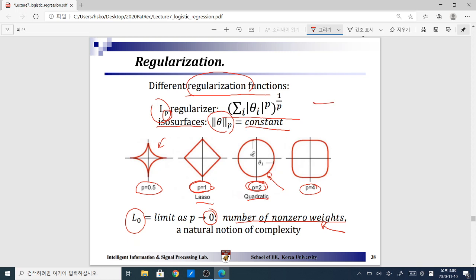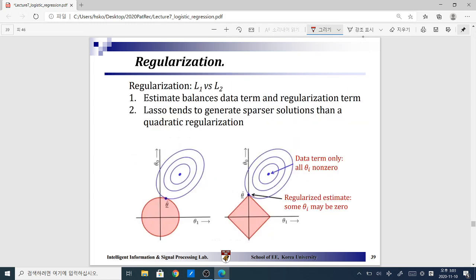As far as the cost function is concerned, the first term has to do with the differences between the prediction and the label, and the second term has to do with, once again, the regularization term. You have to satisfy these two terms together at the same time. For example, this is the case for L1 versus L2.